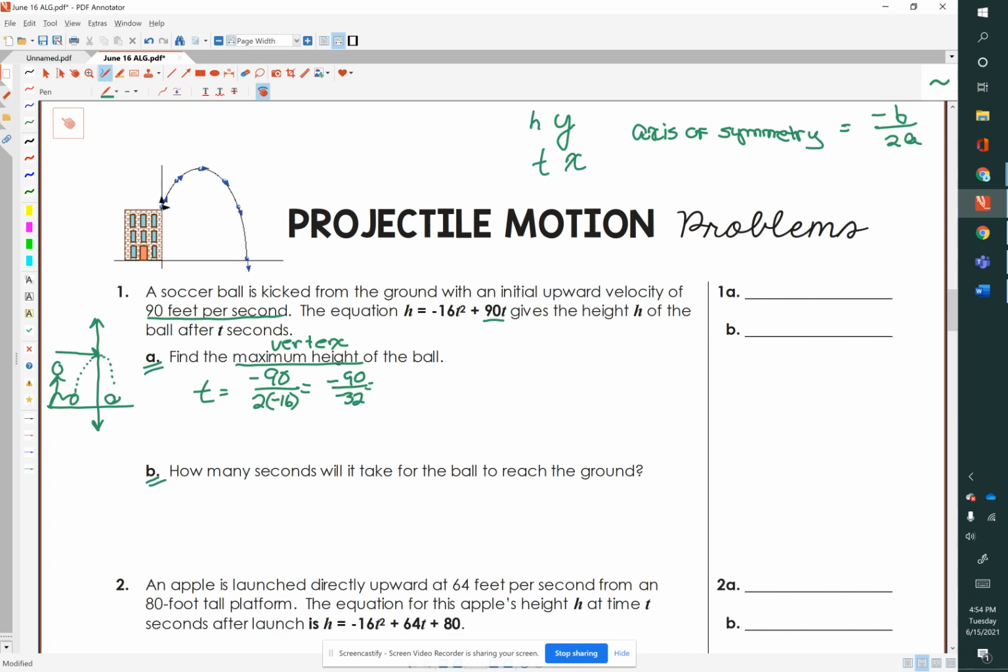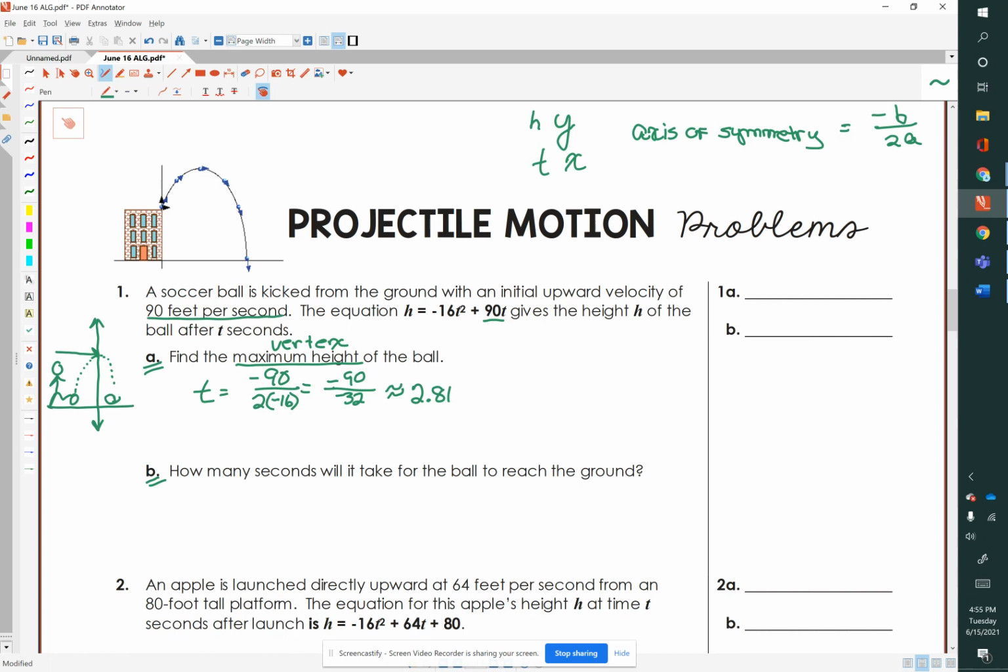We'll continue to simplify that. And we're going to work in decimals today because we're working with height, and it just will work out better. So when we simplify this to 2 decimal places, t will be approximately 2.81, but we're not there yet. So we've found the axis of symmetry. Now we need to find the vertex.